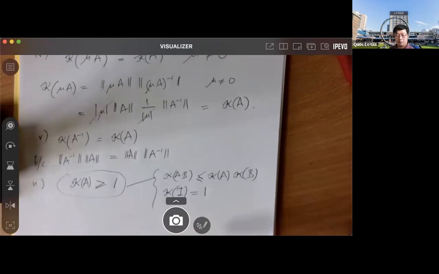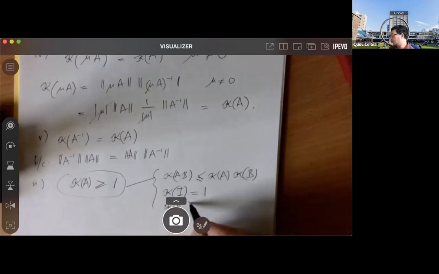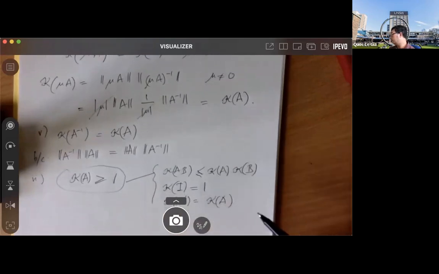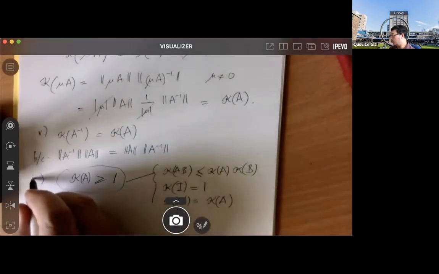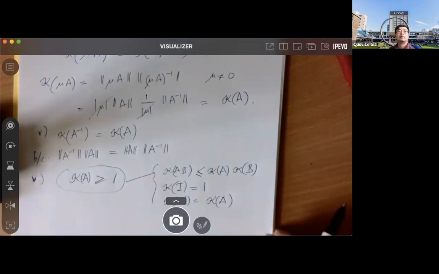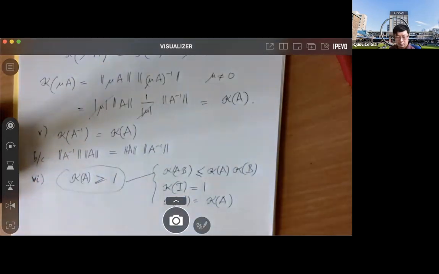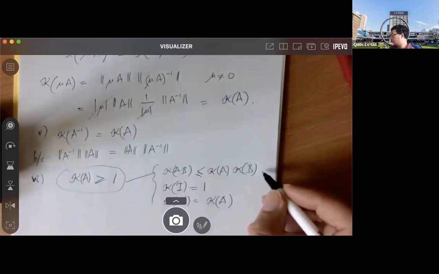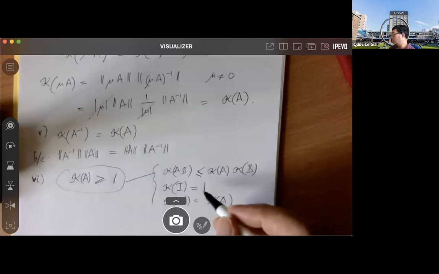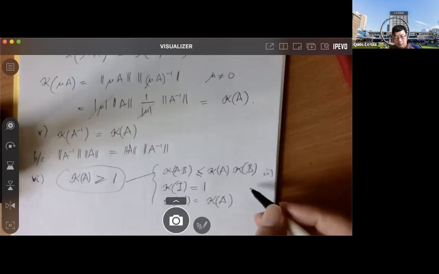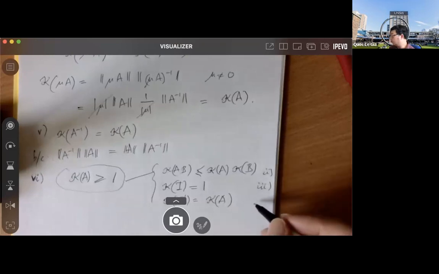And kappa of A inverse equals kappa of A. So this is property number 2, this is number 3, and this is number 5.